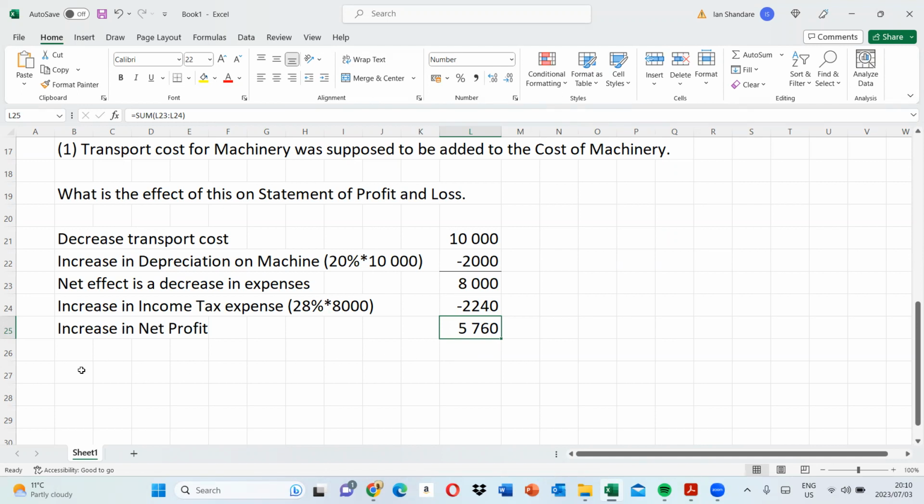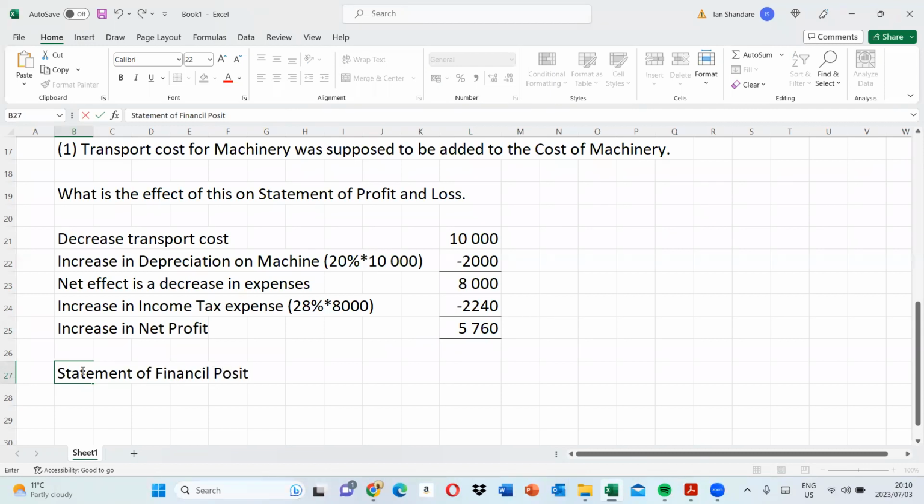All right. Then you come to the statement of financial position. What is going to happen? Remember, transport cost did not have an effect in the statement of financial position. But you have an increase in property, plant, and equipment, or machinery. You could have called it machinery or property, plant, and equipment.